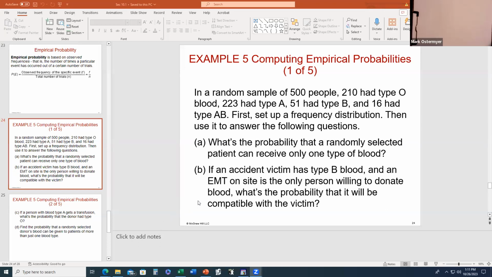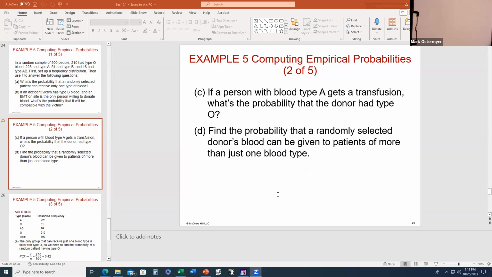B, if an accident victim has type B blood and an EMT on site is the only person willing to donate blood, what's the probability that it will be compatible with the victim? All right. C, if a person with type A blood gets a transfusion, what's the probability that the donor had type O? Finally, D, what's the probability that a randomly selected donor's blood can be given to patients of more than just one blood type?